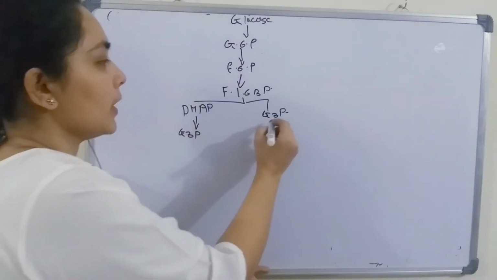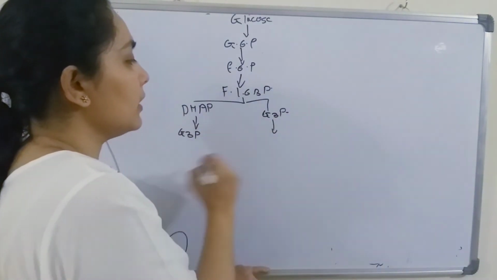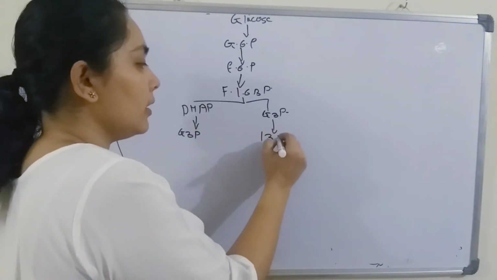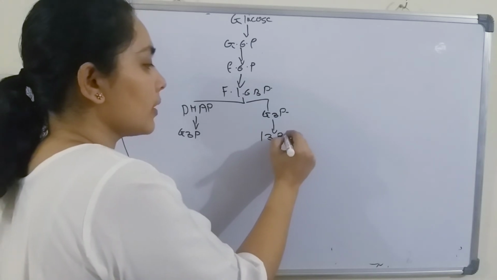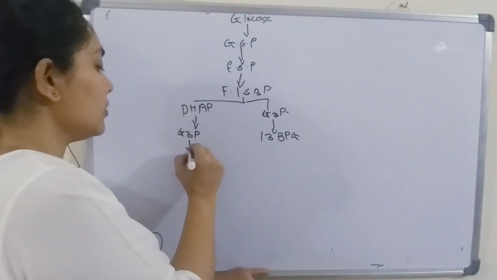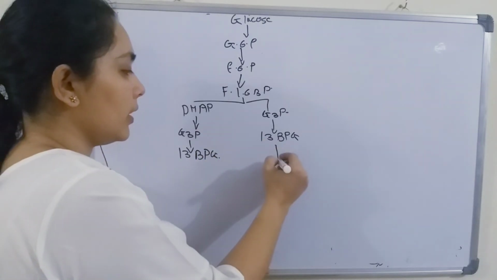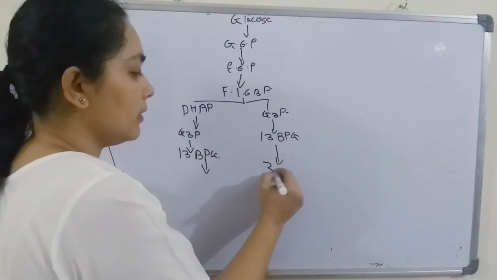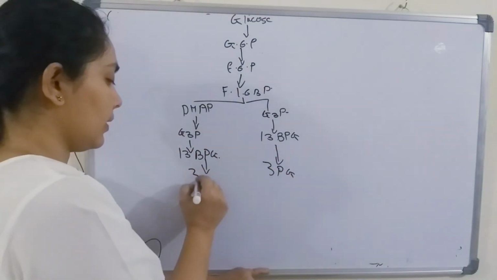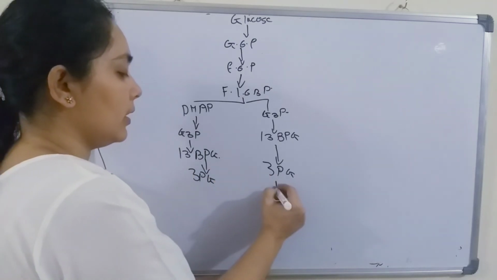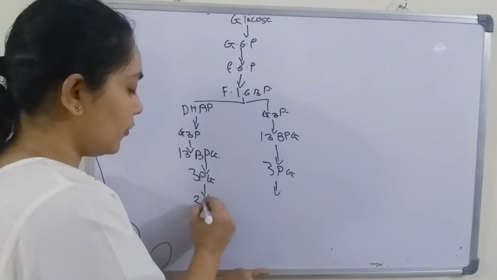every step here. Then glyceraldehyde 3-phosphate will convert to 1,3-bisphosphoglycerate. Here also 1,3-bisphosphoglycerate. Okay, then 3-phosphoglycerate. After that 2-phosphoglycerate.